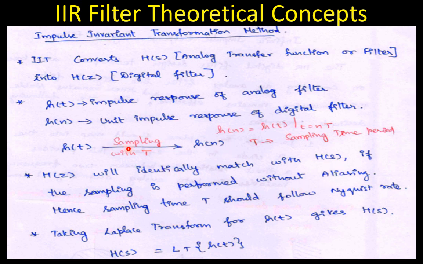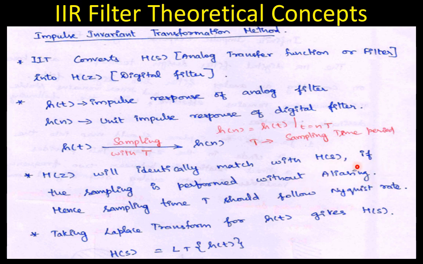While doing the sampling process, you should consider the Nyquist criteria. What is this Nyquist criteria? What is the benefit of using it? Aliasing is a problem, a drawback. Aliasing is nothing but overlapping of low frequency and high frequency components in the frequency domain.